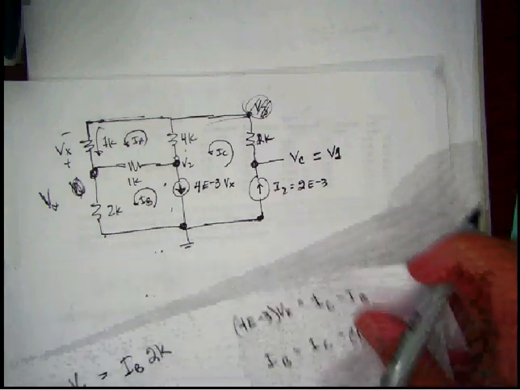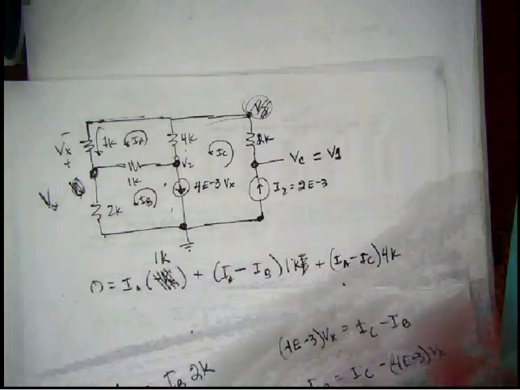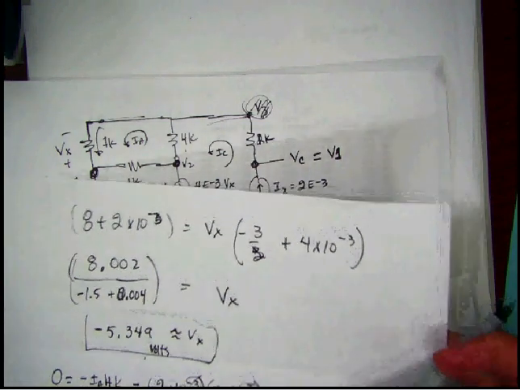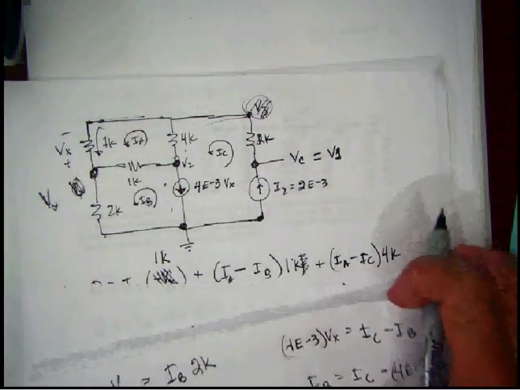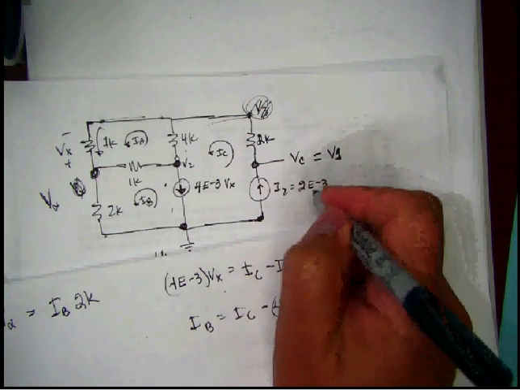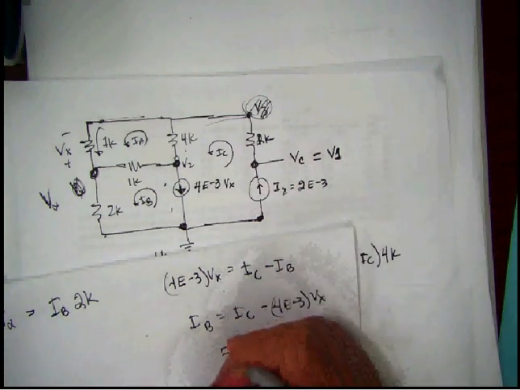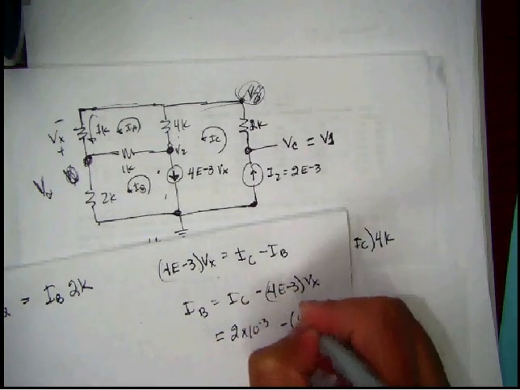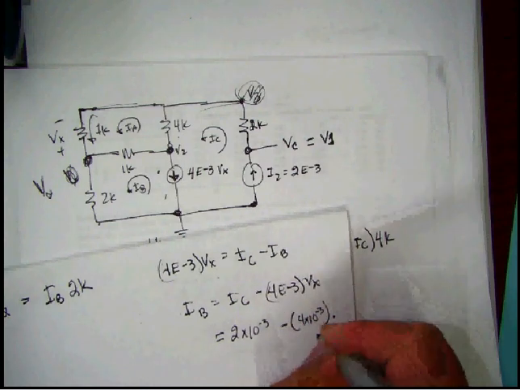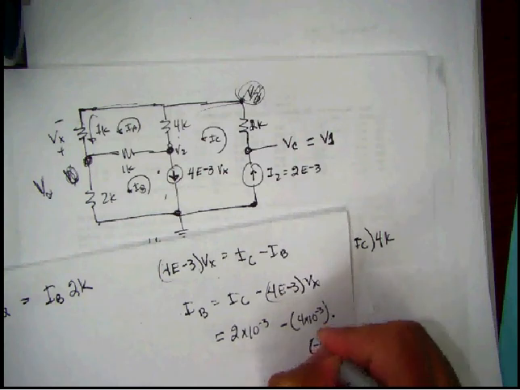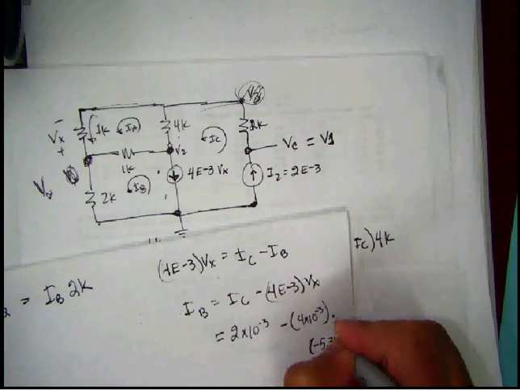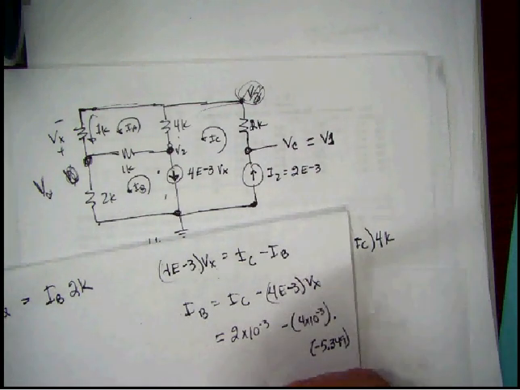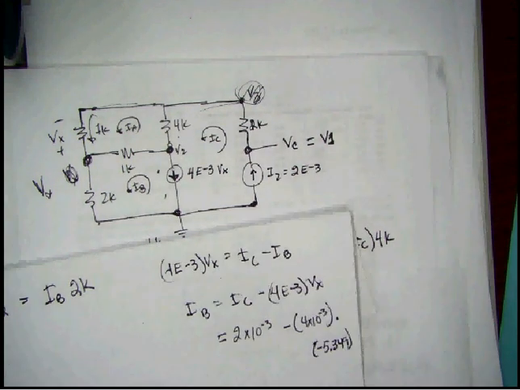Again, we had solved that Vx had to be negative 5.39, and that IC is 2 times 10 to the minus 3 amps. So 2 times 10 to the minus 3 minus 4 times 10 to the minus 3 times negative 5.349, which is equal to, I'll just plug that into the calculator.